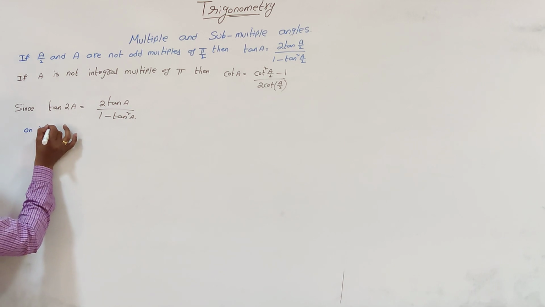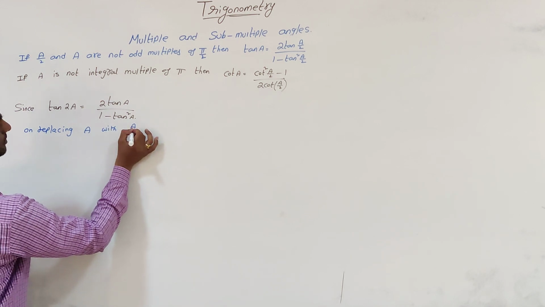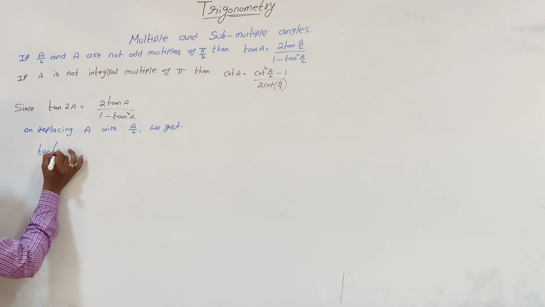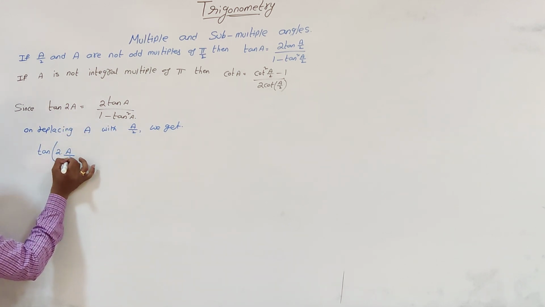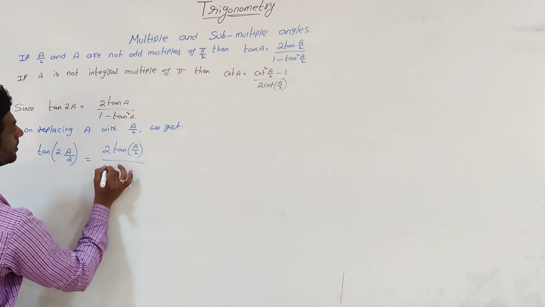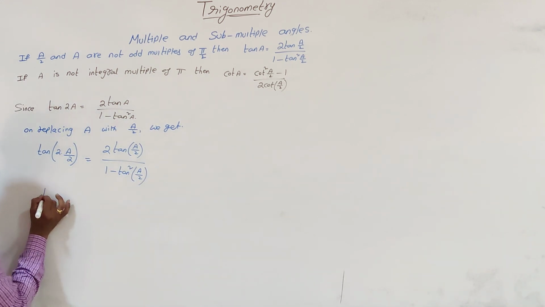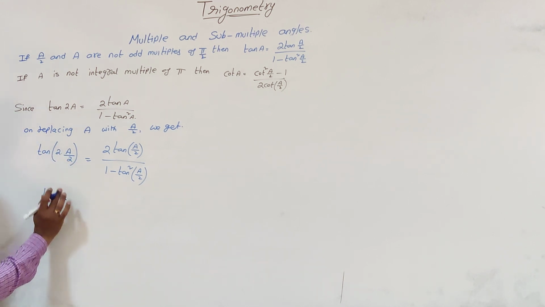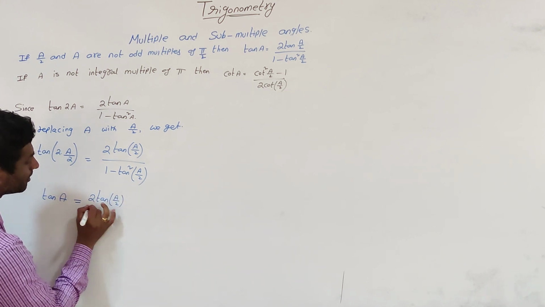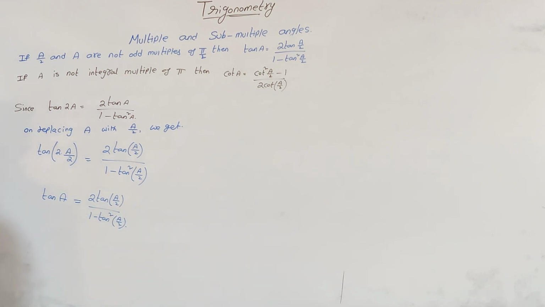On replacing A with A by 2, we get tan of 2 times A by 2 is equal to 2 tan of A by 2 by (1 minus tan square of A by 2). That gives tan A, the 2 gets cancelled, that will be tan A is equal to 2 times tan A by 2 by (1 minus tan square of A by 2). So that is the formula for tan A.